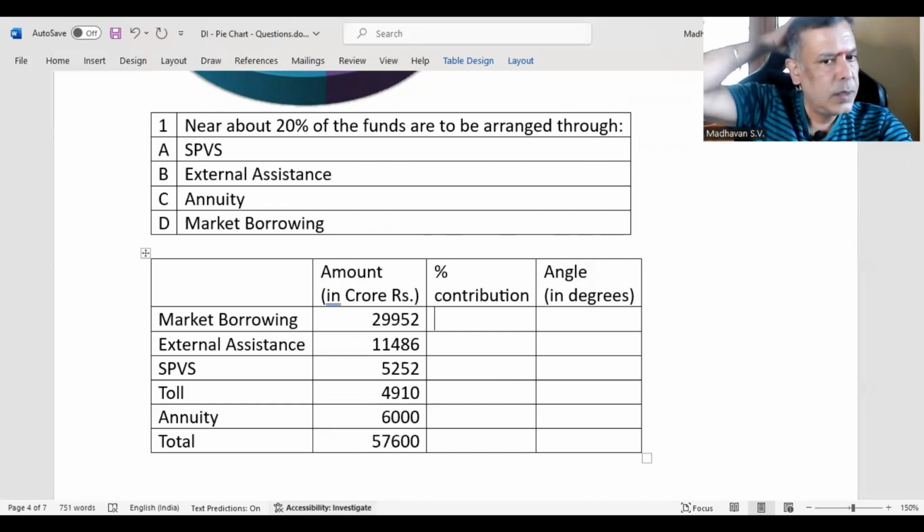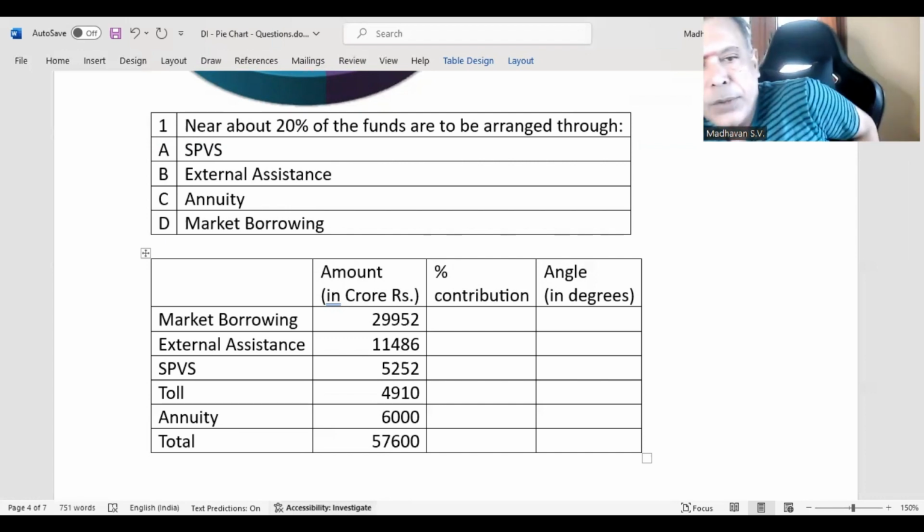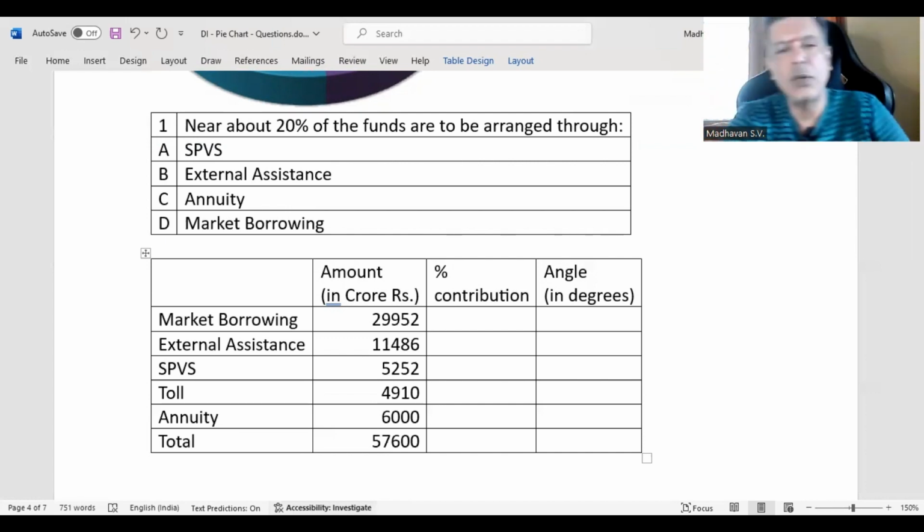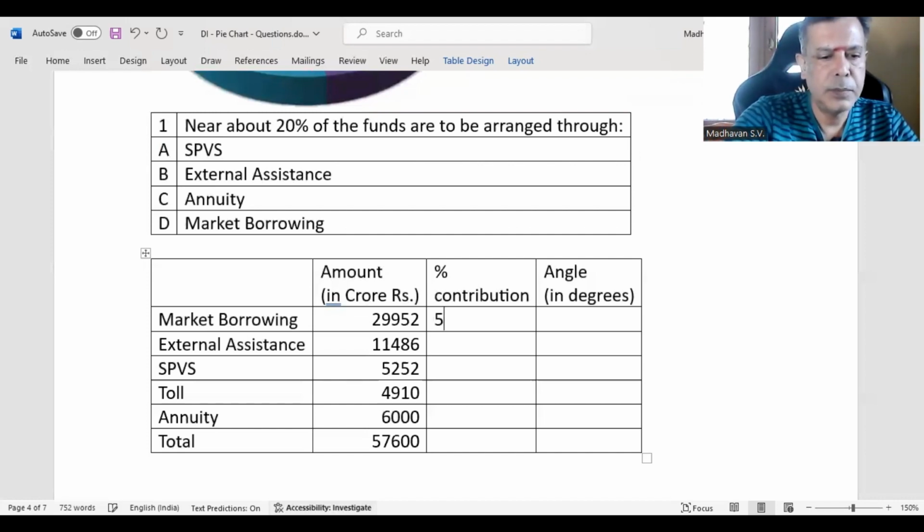First one, 29,952 divided by 57,600. That is working out to 52%.